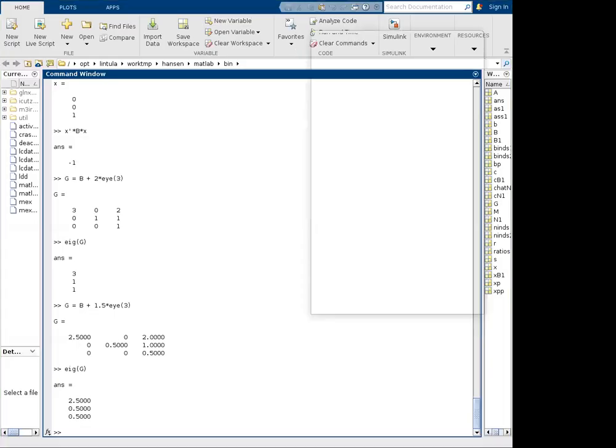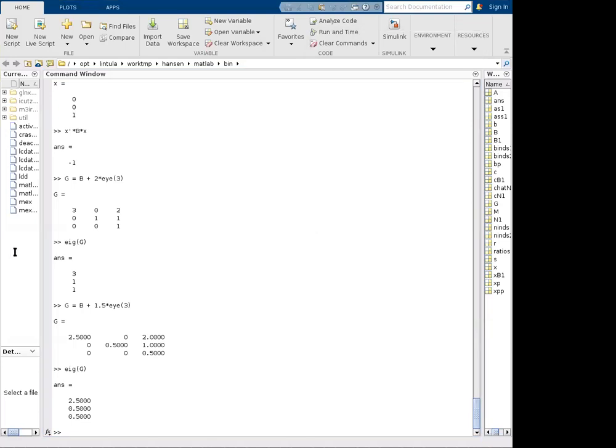I'm just going back. So this is an easy fix to adjusting or modifying the Hessian. It's an easy fix to just add something on the diagonal as long as you get a positive definite matrix.